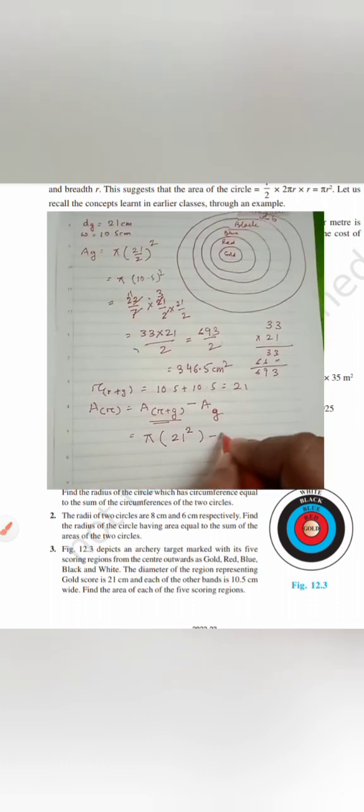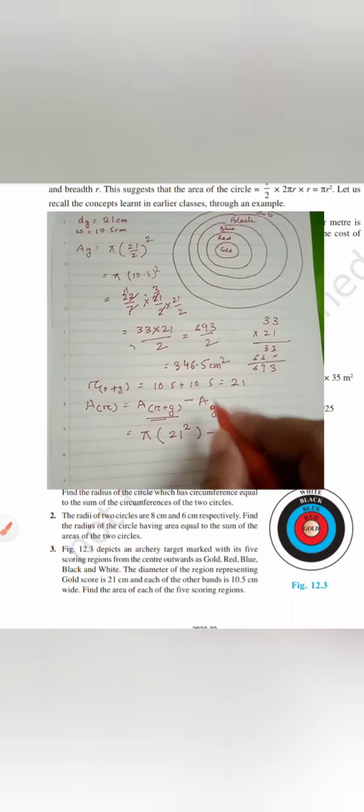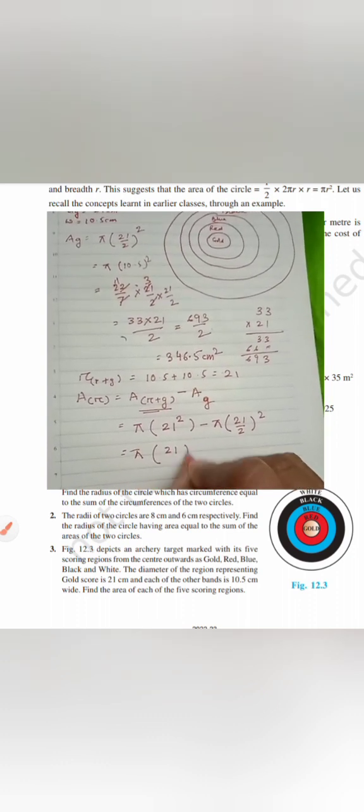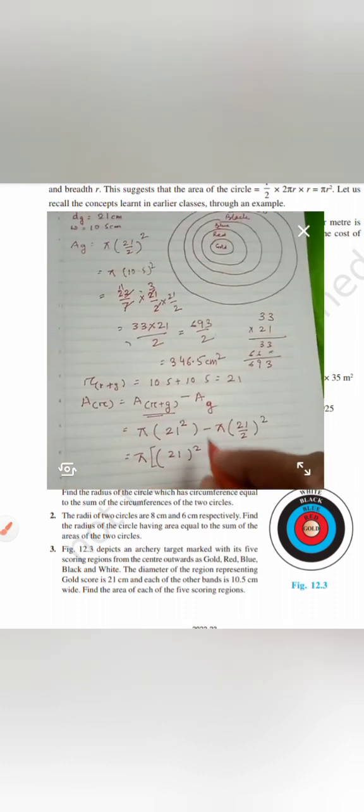Okay, minus I have pi, gold was 21 by 2 the whole square. So if I take pi common, I can have it as 21 the whole square minus 21 by 2 the whole square.